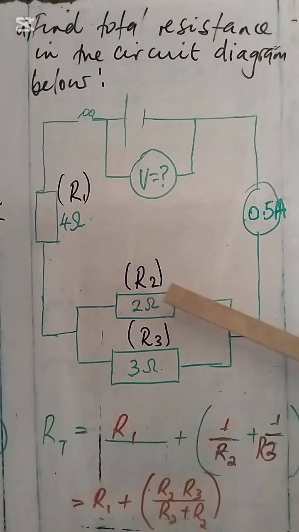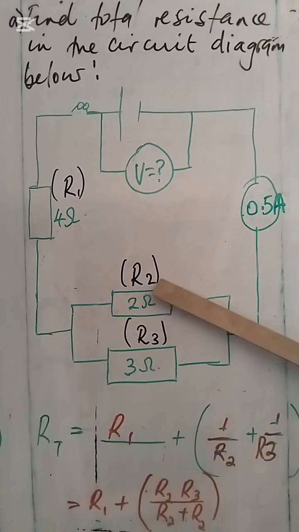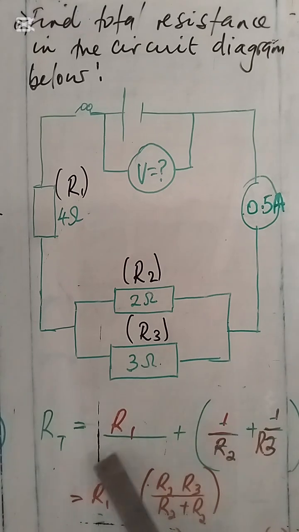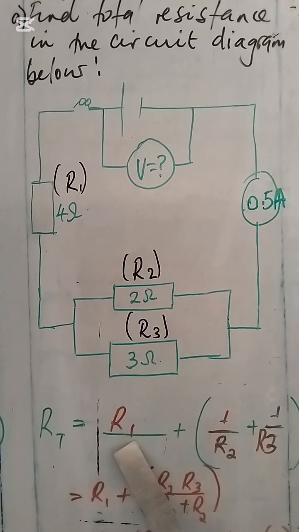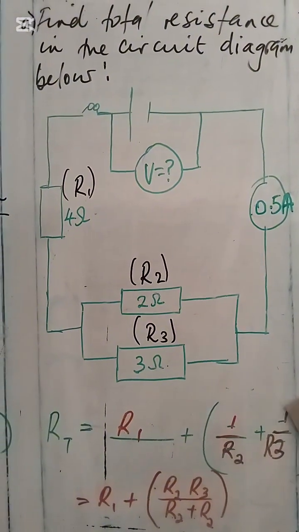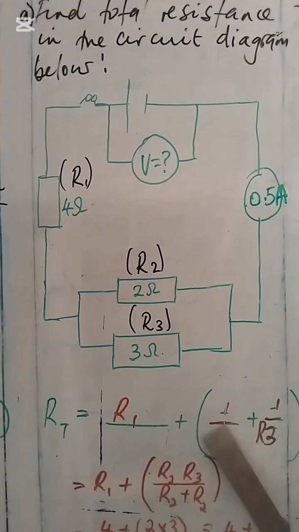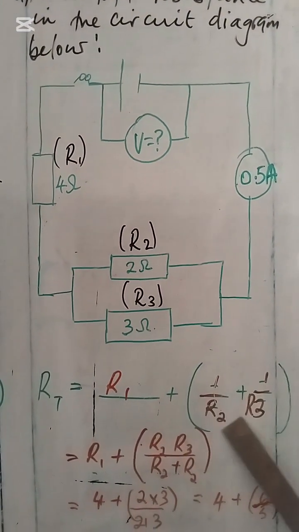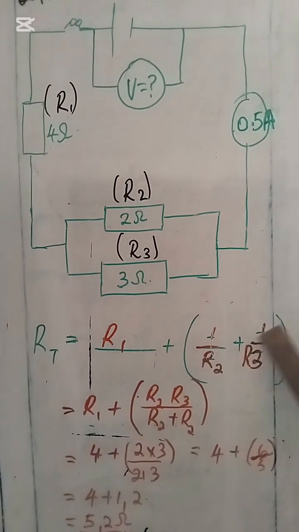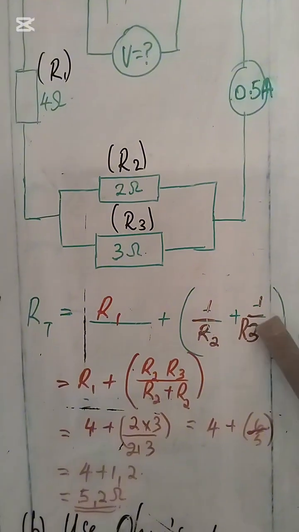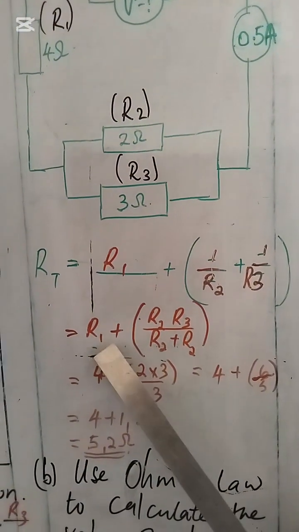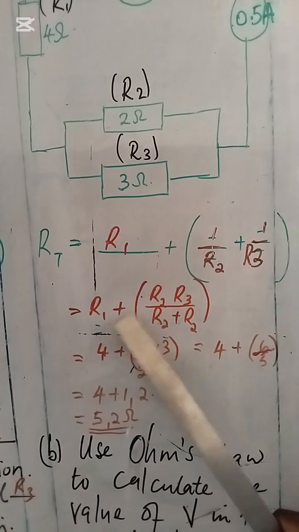Then only R2 and R3 are in parallel connection. Then when we want to find R total, we take R1, which is in series, plus, then we open brackets and work out the two that are in parallel connection, 1 over R2 and 1 over R3. Then R1, which is in series to each of the two, R2 and R3.